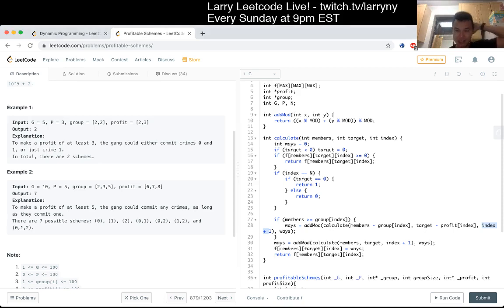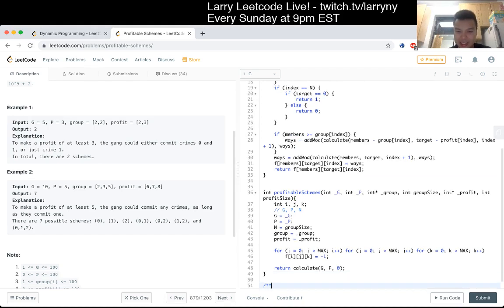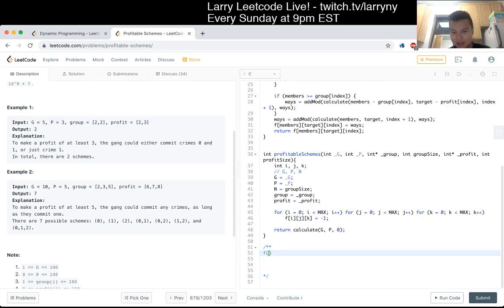The analogy, without destroying my code too much, is the Fibonacci sequence, right? It's the famous case that everyone uses. You do a for loop and store everything in an array, then you do something like f of n equals f of n minus one plus f of n minus two.